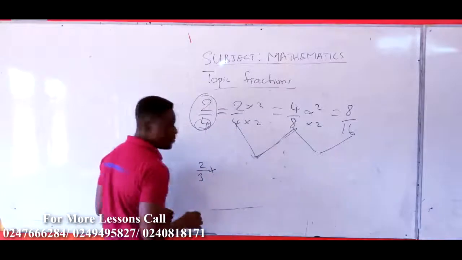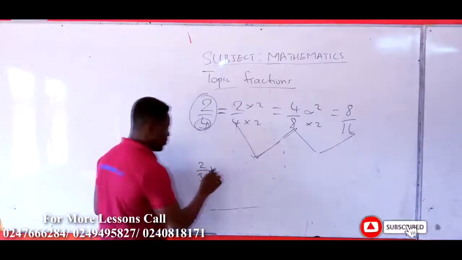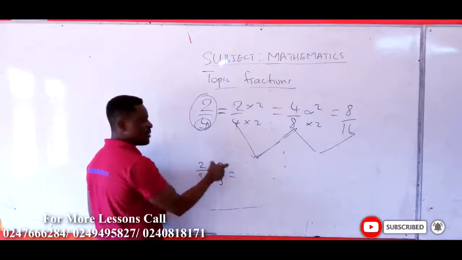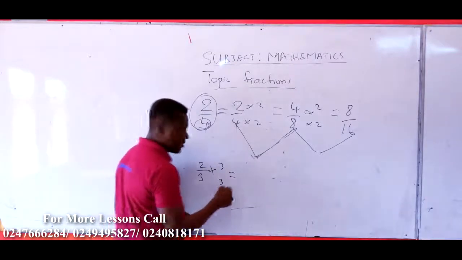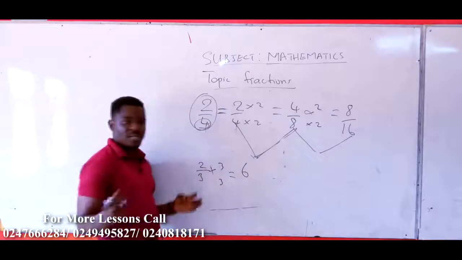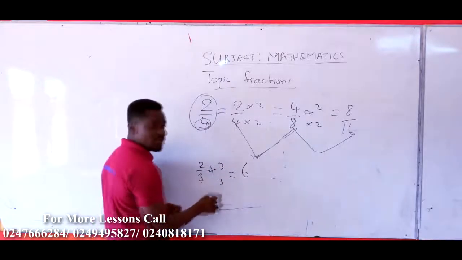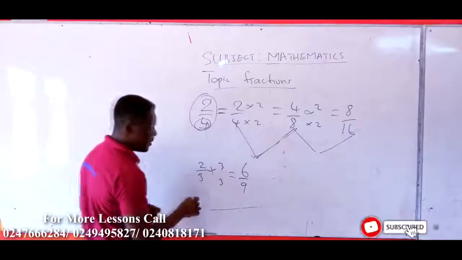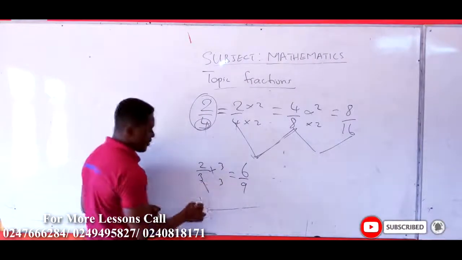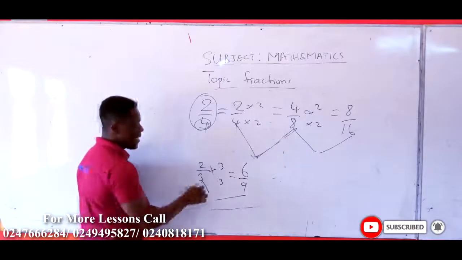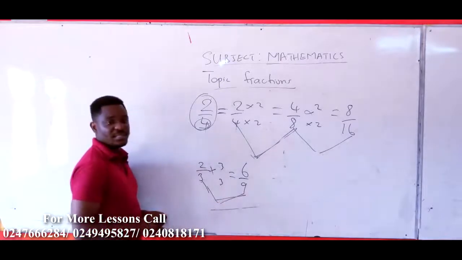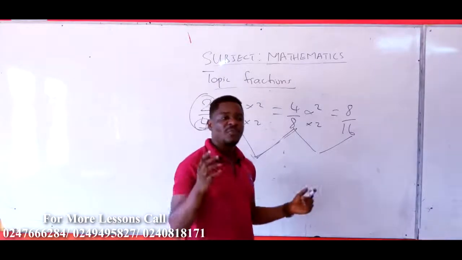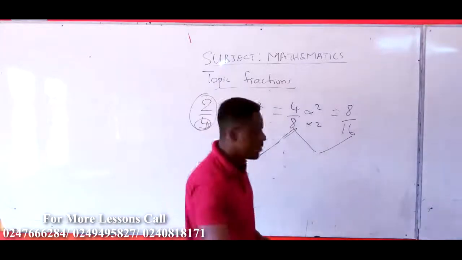I am multiplying both by 3. So 2 times 3 will give me what? 6. And 3 times 3 will give me 9. So 2 over 3 and 6 over 9 are equivalent fractions. Don't forget, you have to use the same number to multiply both the numerator and the denominator.